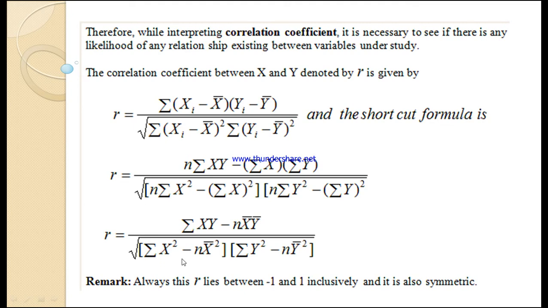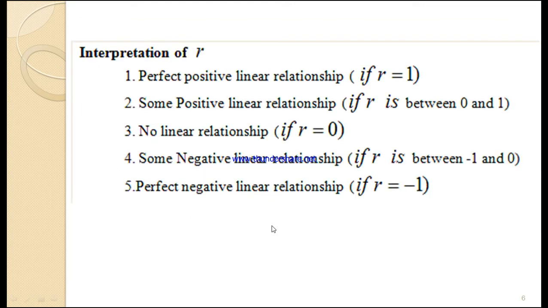And when we look at the results of R, i.e. correlation coefficient, we find the result is between -1 and 1, and also R is symmetric. The result of R, or correlation coefficient, is interpreted as follows.